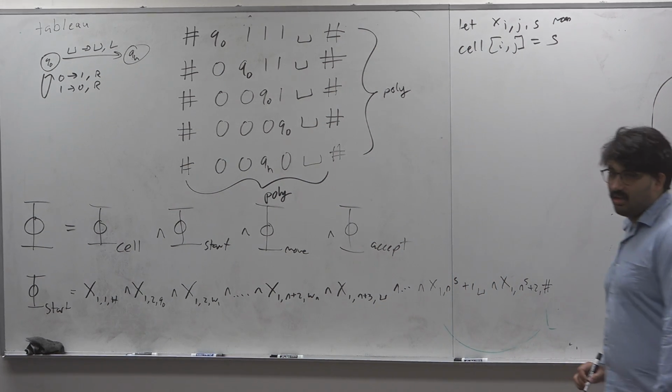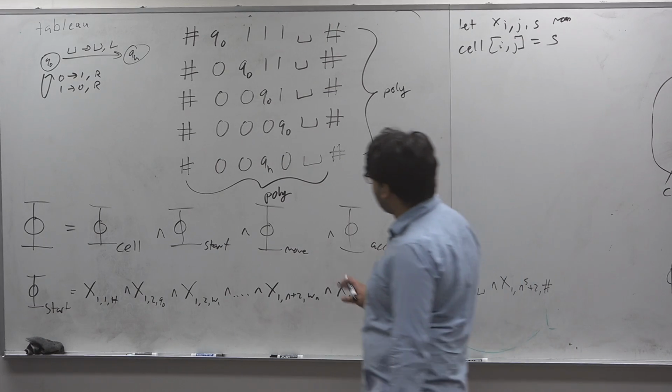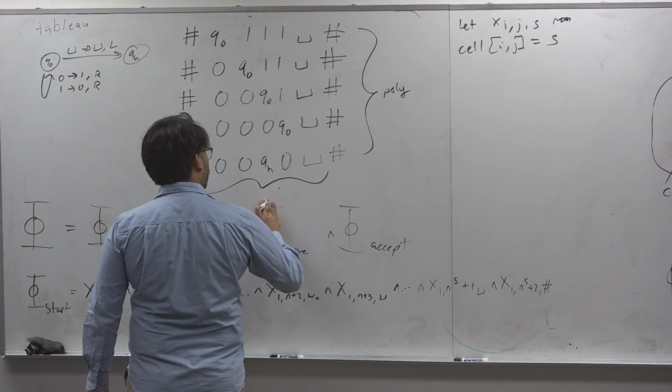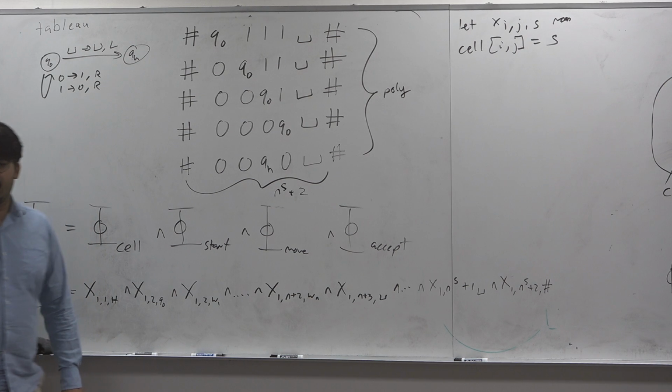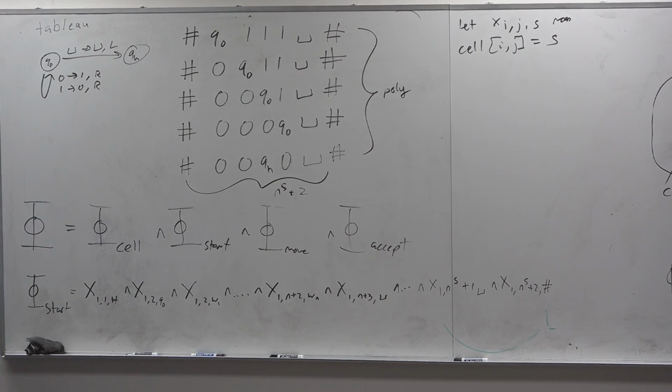Something like this, where the dimension is n^s. So let's call this n^s plus 2. 2 for the hashes, and n^s is the polynomial amount of space, right? Okay, would you agree that if these variables are all set to true, then the first line is exactly as it should be for the way we define the variables?